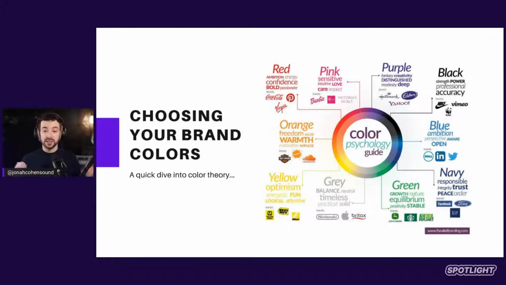Some of the opposing colors have similar emotions that they stir, even though they're a little subtle. So, homework after this event, sit down with a brand psychology chart, a color guide, and try and choose three colors that represent your brand from the emotions they evoke in people.